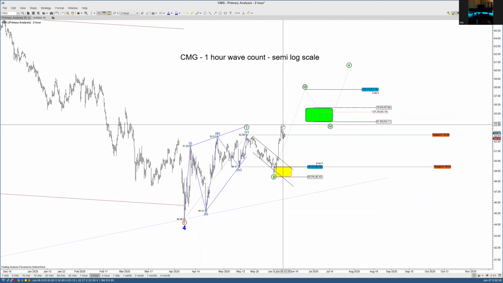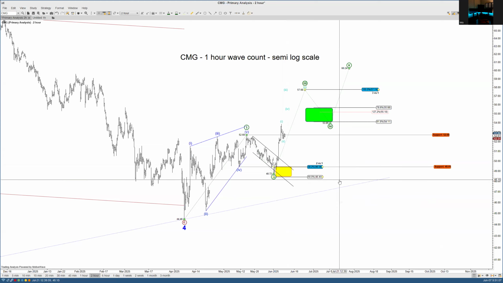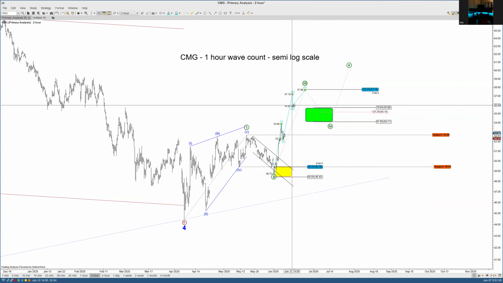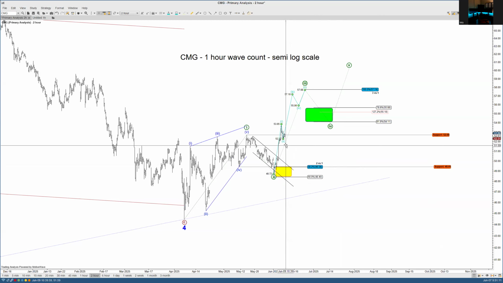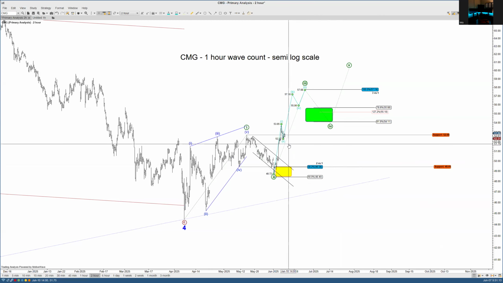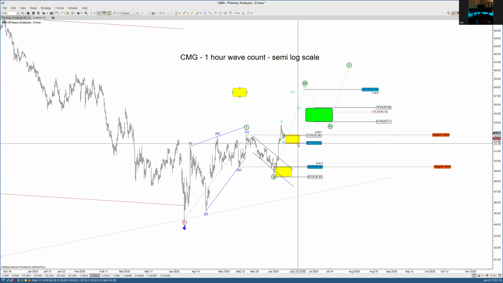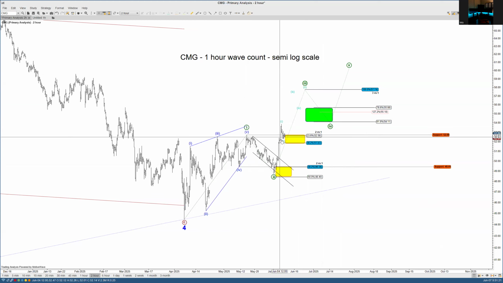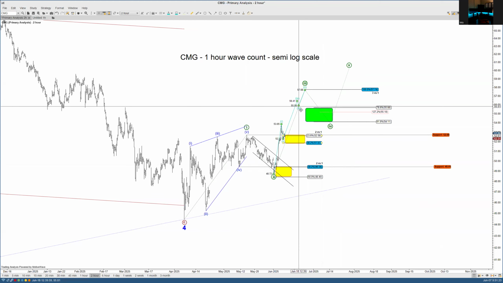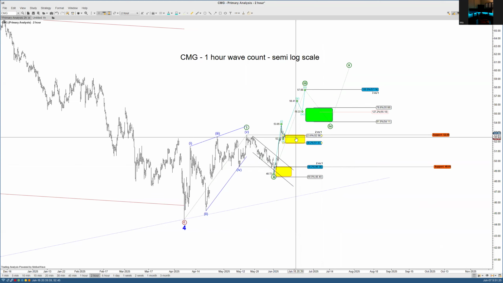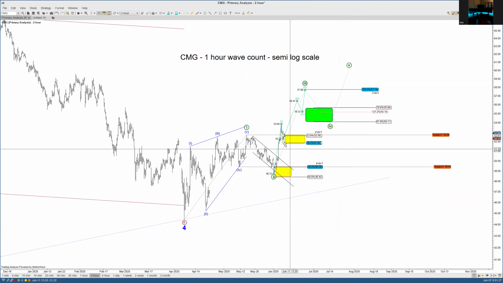Now we managed to pop to the upside. So this is one, and now we'll look for a two. I only have it up to here. So now we're gonna find support here in two versus one, which is right there. From here, what we need is this third wave to the upside.